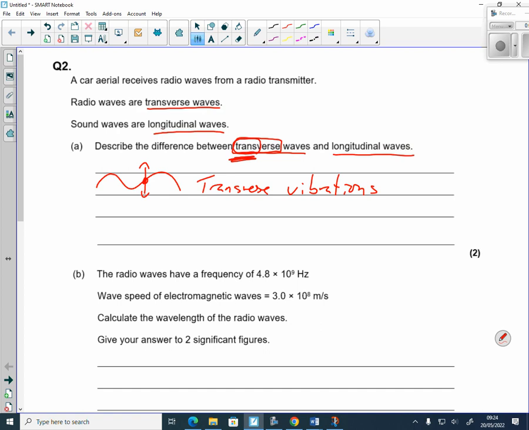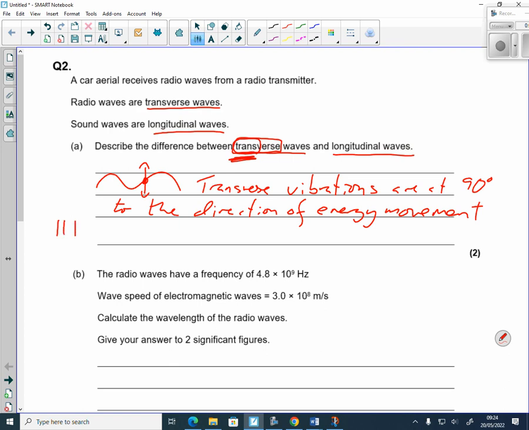The vibrations are at 90 degrees, or you could say perpendicular, to the direction of energy movement, or you could say the direction that the wave travels, and they would accept that.